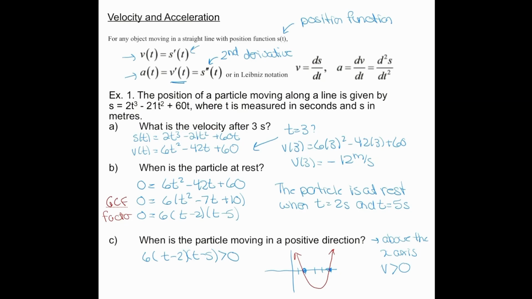And the answer is, it's above 0 when time is greater than or equal to 0 and less than or equal to 2, and then it's also above 0 when t is greater than 5.